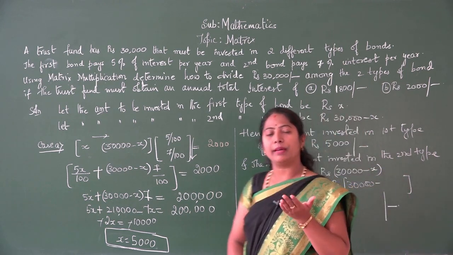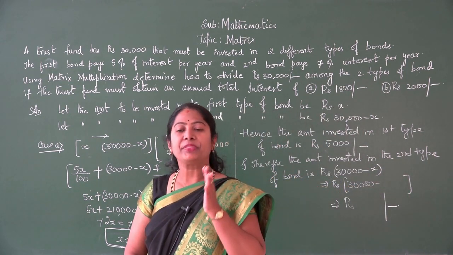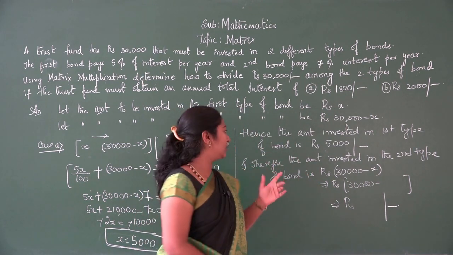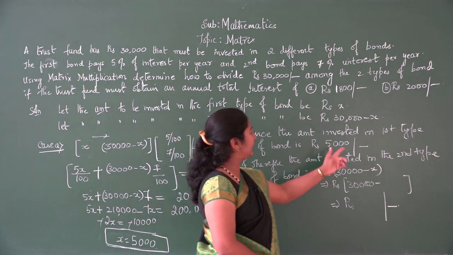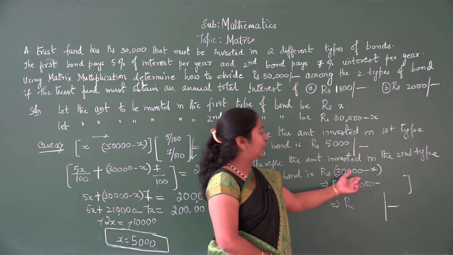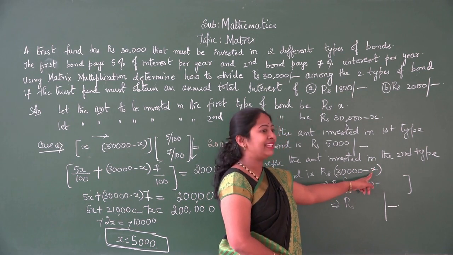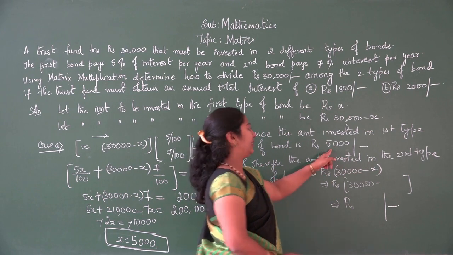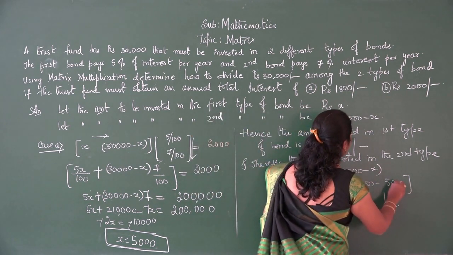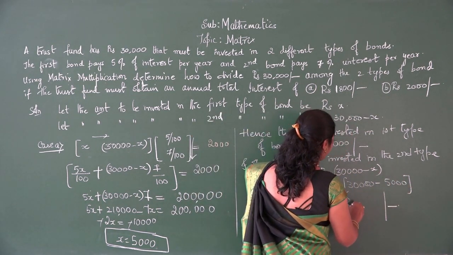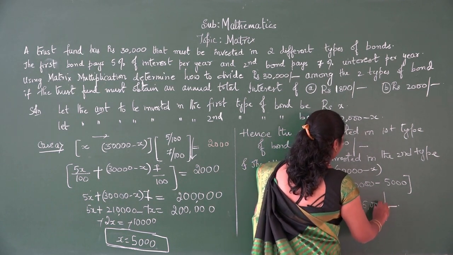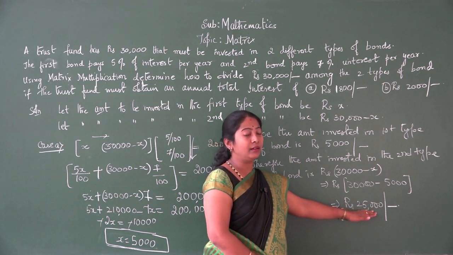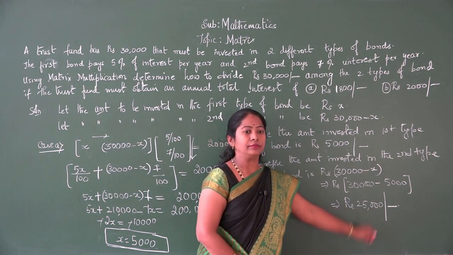That is 30,000 minus x, which is nothing but 30,000 minus 5,000, which will sum up to rupees 25,000. This is the amount that has to be invested in the second type of bond.